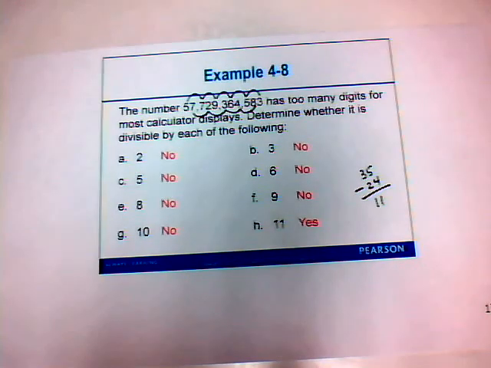And 11 is divisible by 11. So that means that entire number, 57,729,364,583, is divisible by 11. Okay, that's how we use a divisibility rule to determine whether that number is divisible by 11. Okay, that will conclude this particular section on divisibility.